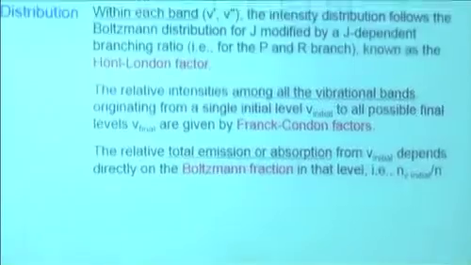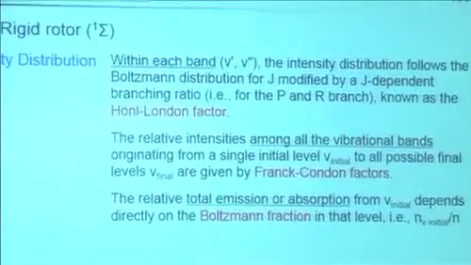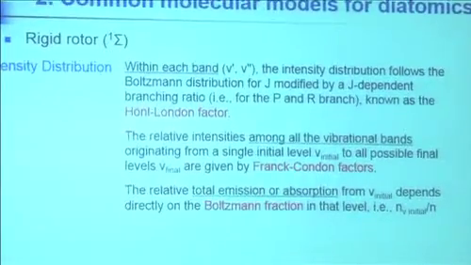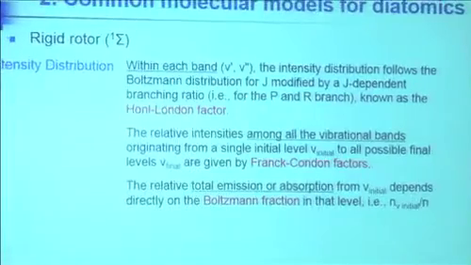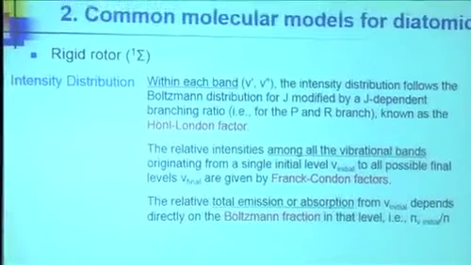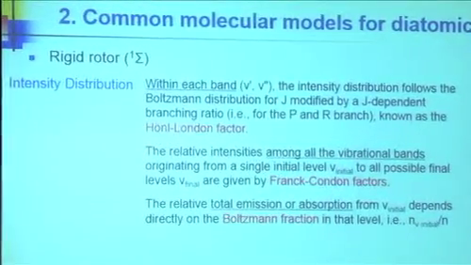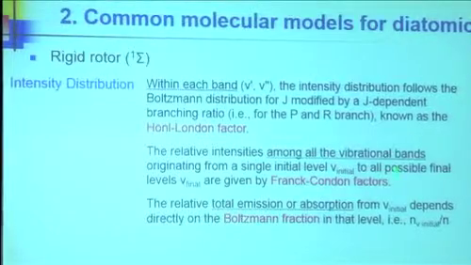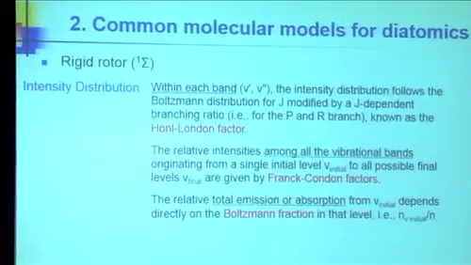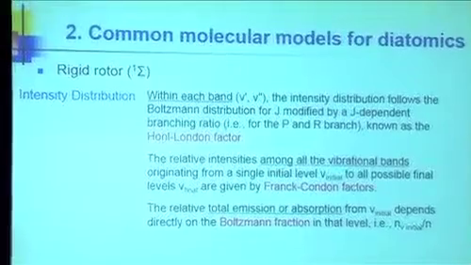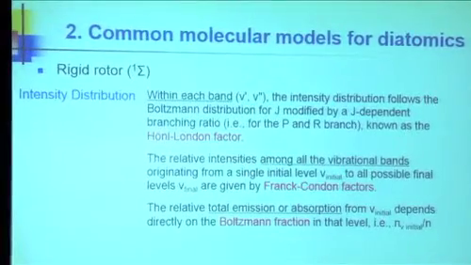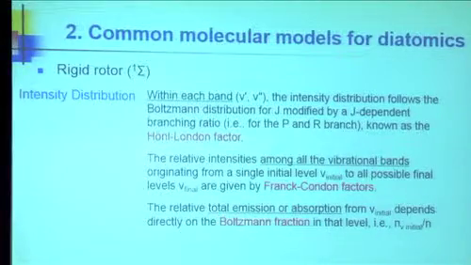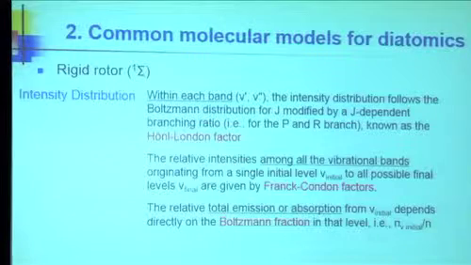Okay, what about the intensity distribution? So I want to imagine now a plot of the line strengths of the individual lines in the P and R branch. There's the R branch, there's the P branch. The simple idea that I introduced was the so-called equal probability idea, that the strengths of the lines are nothing more than the Boltzmann fractions. That's not exactly right.